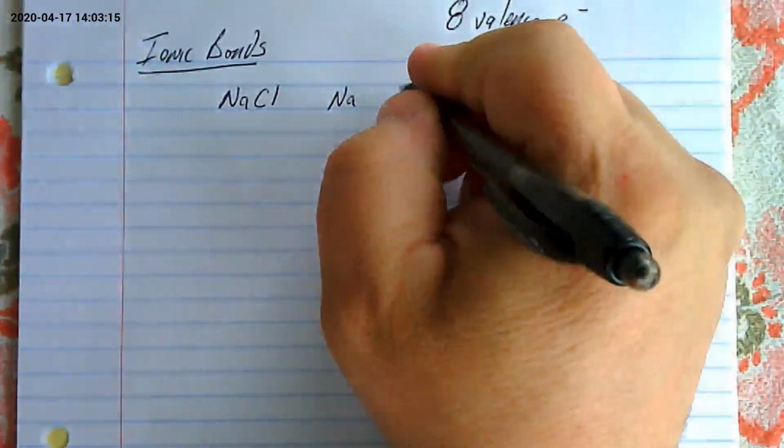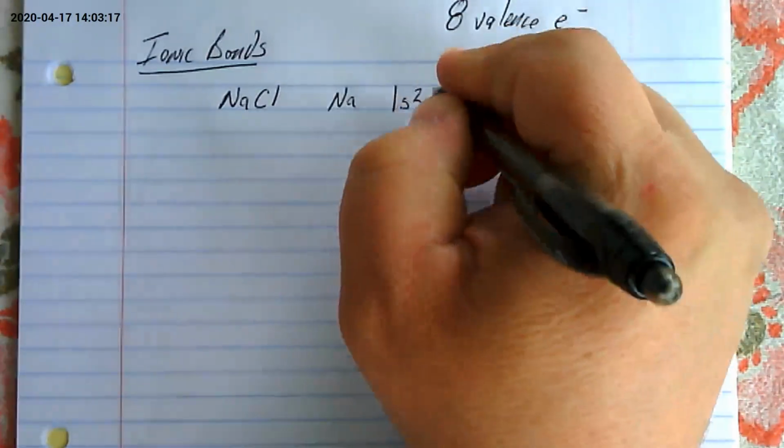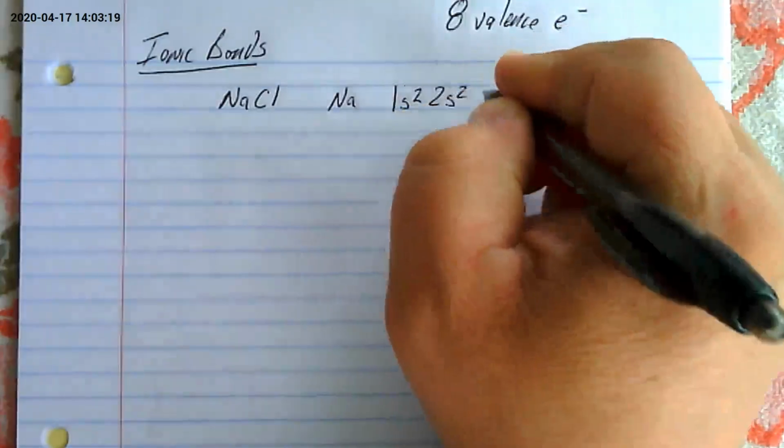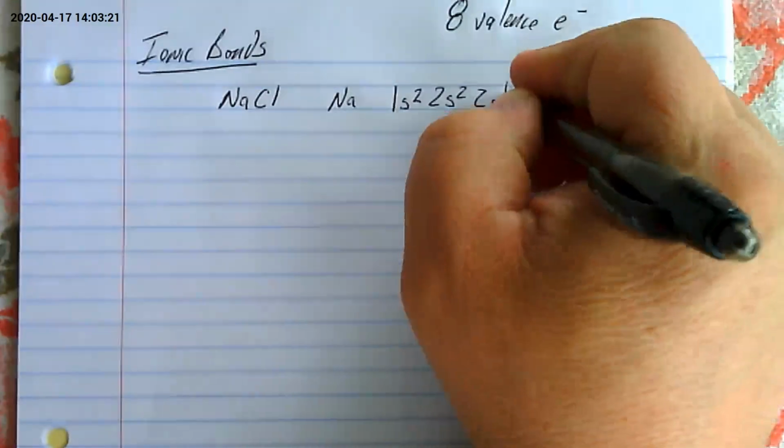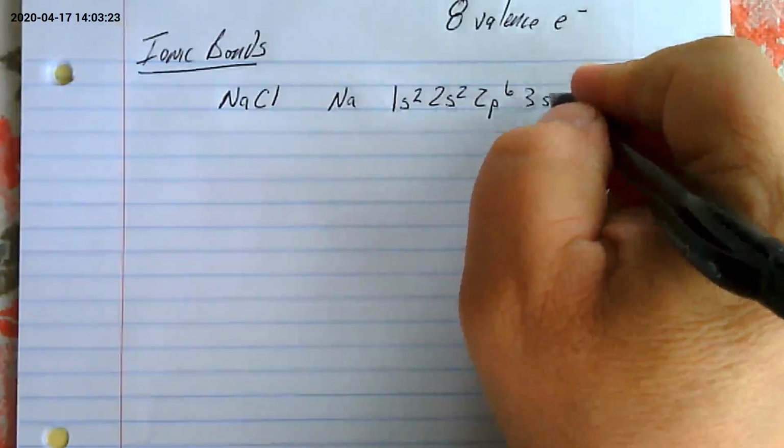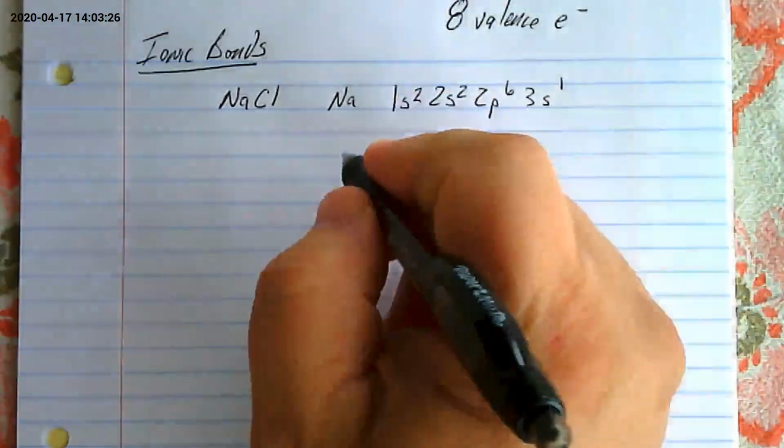Now, if we mapped out its electron configuration, like we learned before, it'd be 1s2, 2s2, 2p6, 3s1.